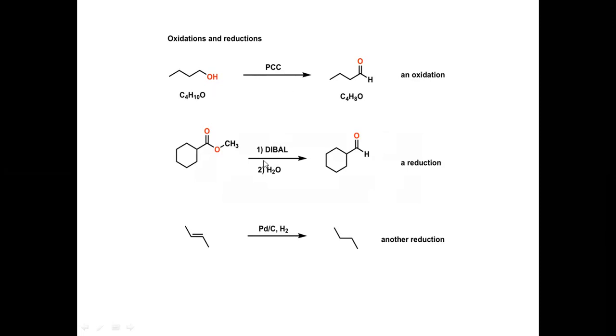Next. So DIBAL, diisobutyl aluminum hydride, is a reagent. Here in this case, ester is converting into aldehyde. Okay, so this is a reduction reaction. You can see the number of oxygen atoms: in this case, 2 oxygen atoms are there, here only 1 oxygen atom is there. There is a decrease in number of oxygen atoms.